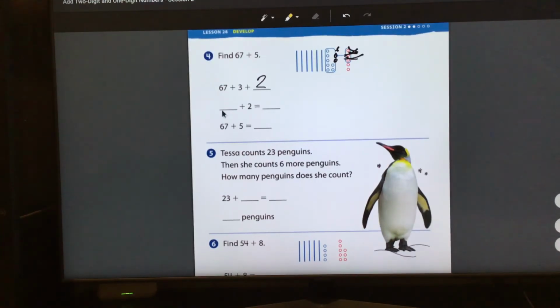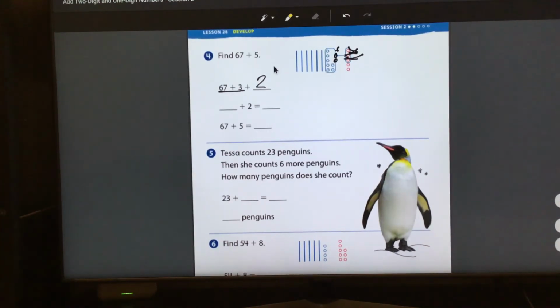Okay, as we go to the next row, this is blank. It wants you to add 67 plus 3. All you're going to do is count all your 10s. So you have 10, 20, 30, 40, 50, 60, 70. This is a group of 10. You have to count it as 10, not go 1, 2, 3, 4, 5, 6, 7, 8, 9, 10. It's a group of 10.